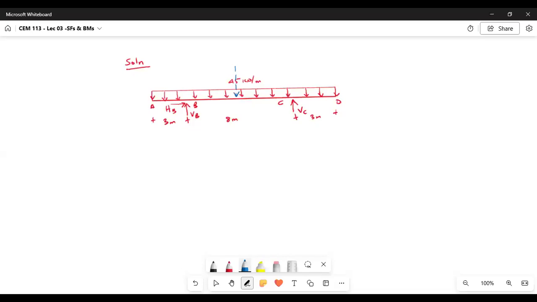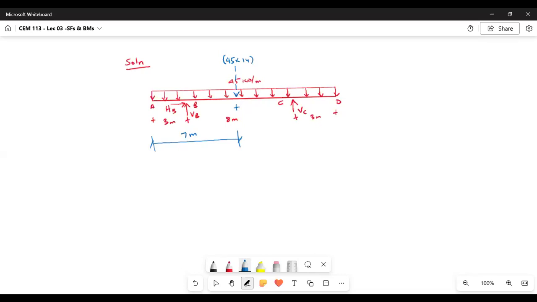It will fall somewhere here, and this one will be what? 45 times the entire distance covered, which will be 14. 3 plus 3, 6 plus 8 is 14. And this will act in the middle. So if it acts in the middle, from here to here will be half. So this will be 7 meters.